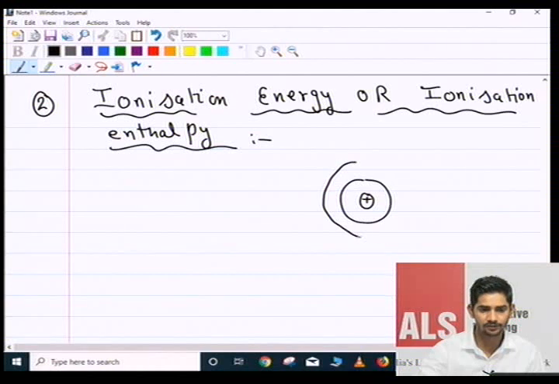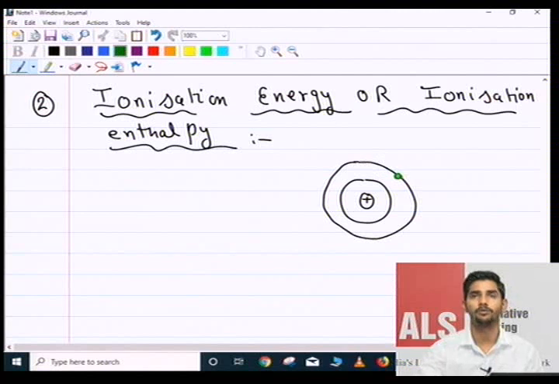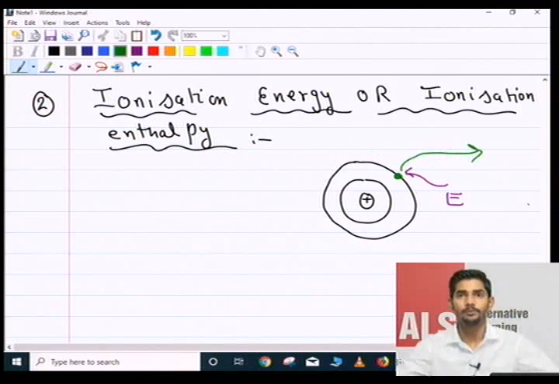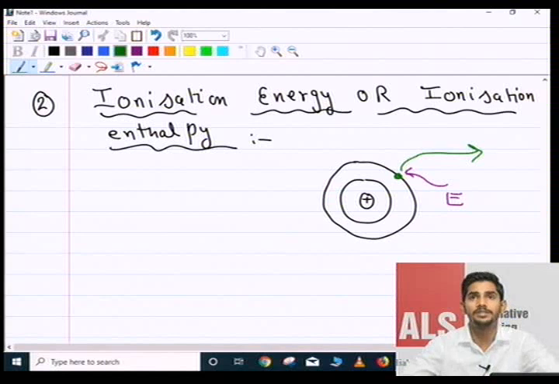Let me clear this definition. This is the electron. You have to remove this electron, so obviously you have to supply some energy to it. After supplying the energy, this electron will move away from this atom, meaning the influence of the nucleus over the electron will be finished.